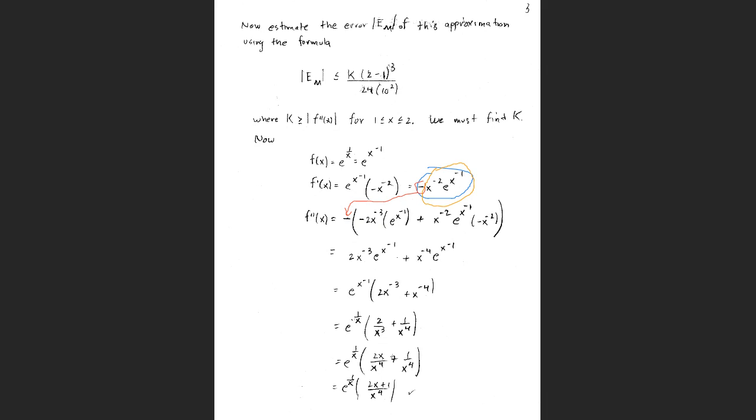So I'm going to use the product rule, which you know very well, along with the chain rule, to get my second derivative. Which will be 2 times x to the negative third times e to the power x to the negative first, plus x to the negative fourth times e to the power x to the negative first.